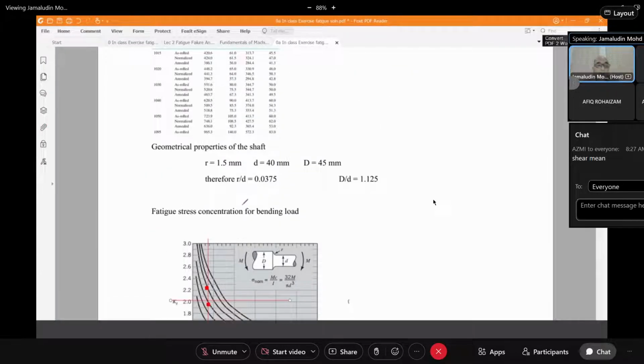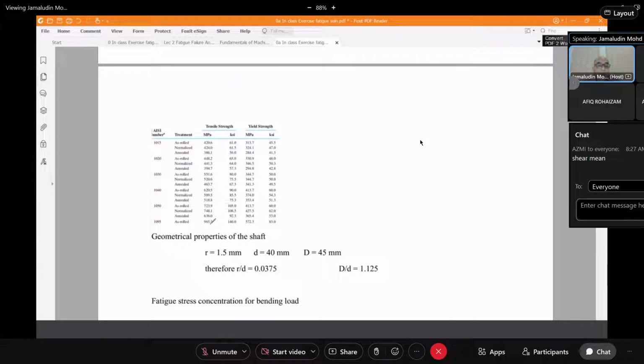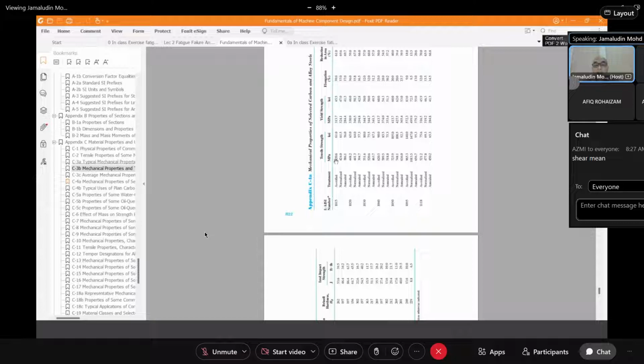We have tensile 965.3 and 140, a bit different if you use this book. In the earlier edition the values are going to be the same, but the way the figures show is different; the latest book, the fifth, is black and white.